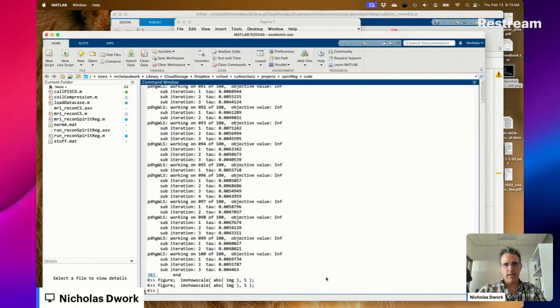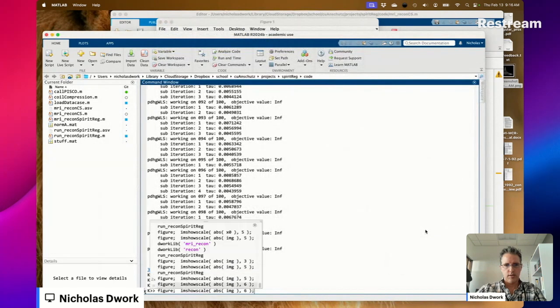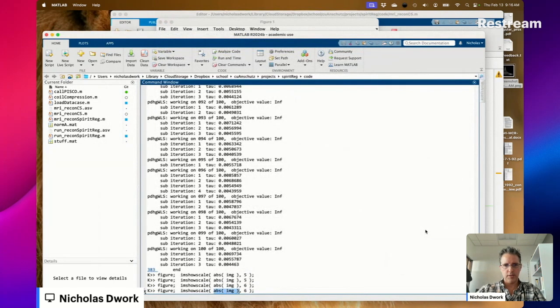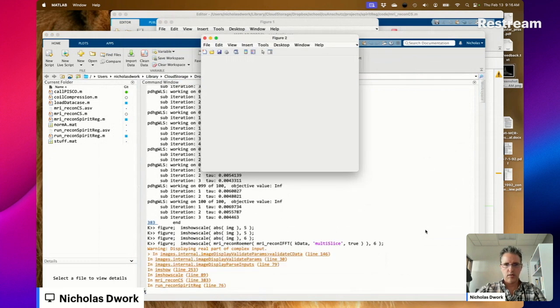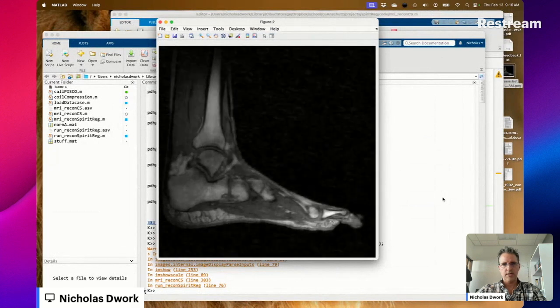And how does that compare to just Roma reconstruction? They're different. One's not necessarily better.